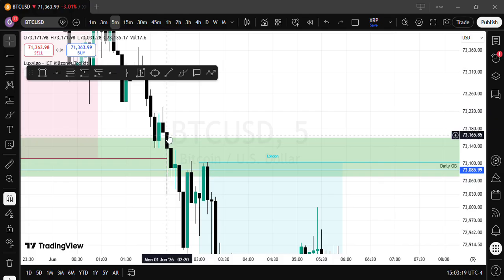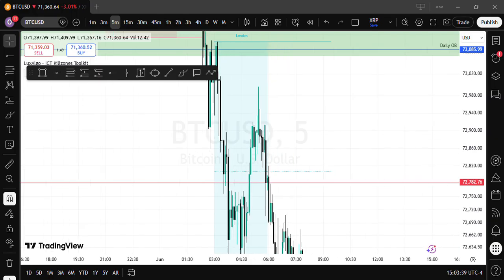This was the one that was touching the fair value gap. That's why I'm starting from here. 1, 2, 3, 4. So I put it at the top of the first candle that touched the fair value gap, that started the movement down. So stop loss was above this candlestick, entry was here.